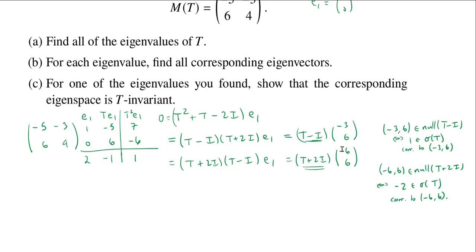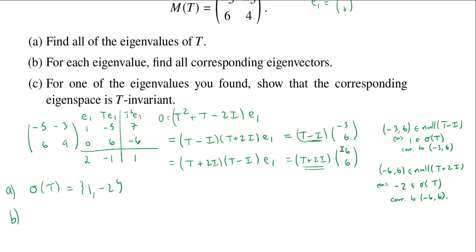In fact, these two vectors we found, (negative 3, 6) and (negative 6, 6), must form a basis for the space. So we conclude, this will be part A, that sigma of T is equal to just 1 and negative 2, so that's the set of all the eigenvalues.